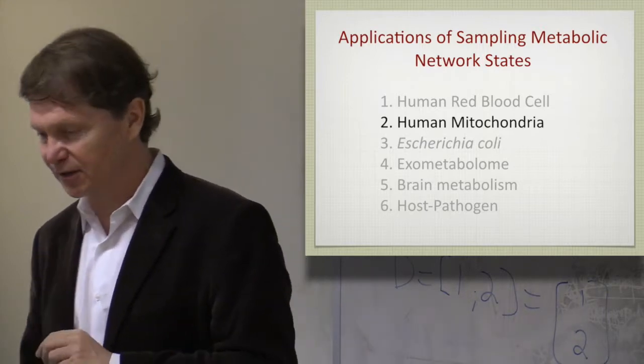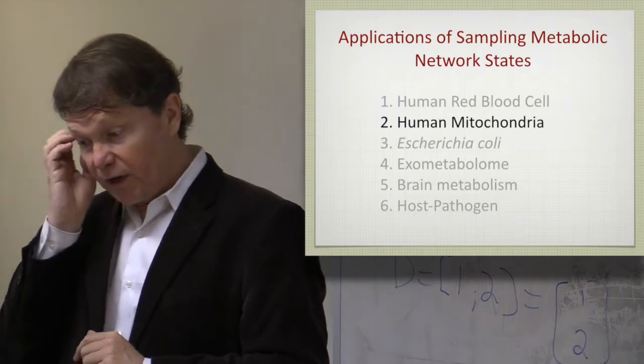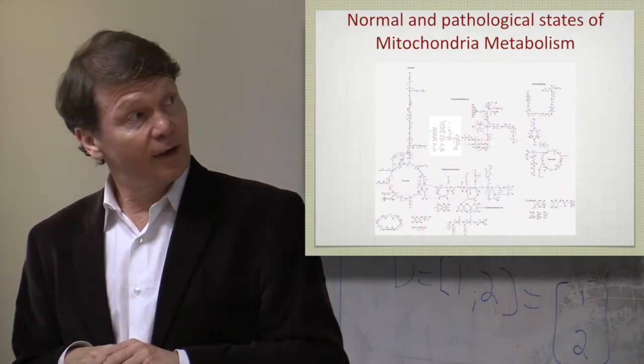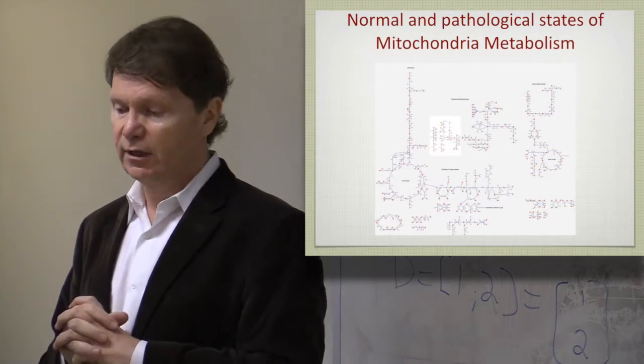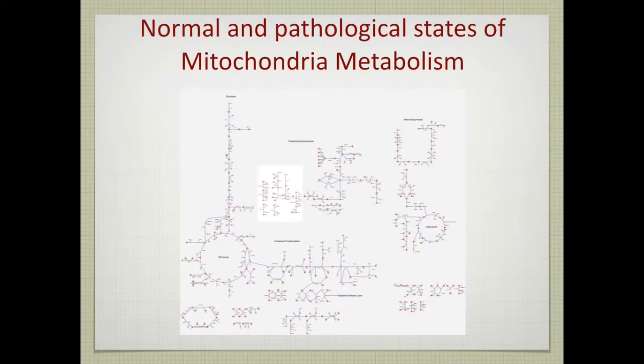and make sure that you can minimize this process. Okay, so here is a reconstruction of mitochondrial metabolism in cardiac myocytes. This was generated based on some of the early proteomic profiles of the proteome of the mitochondria in cardiac myocytes.